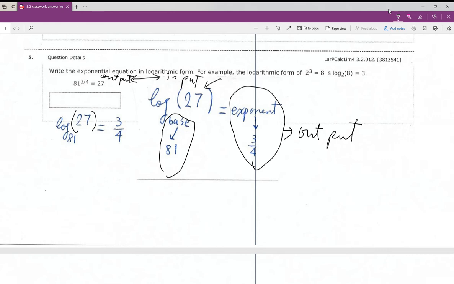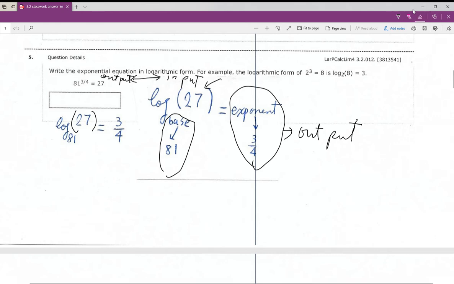And this is the base. Base is 81. Base is always in this location. So that's what we call rewrite. We don't solve for anything. We just rewrite from an exponential equation to a logarithmic equation.